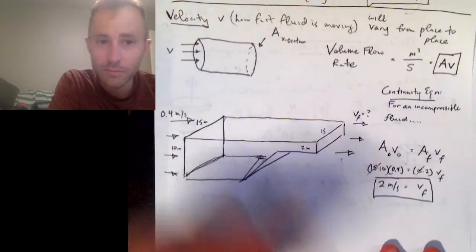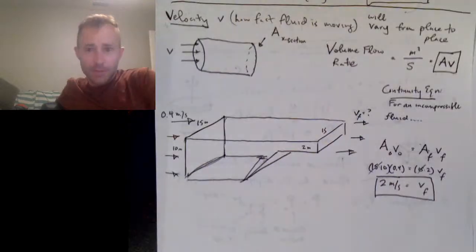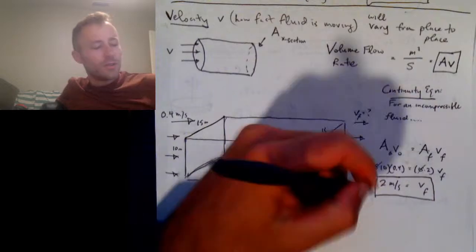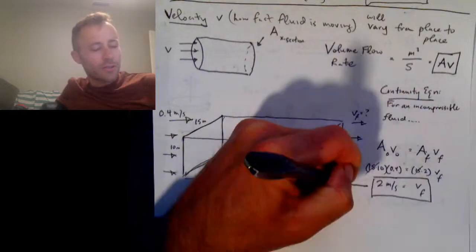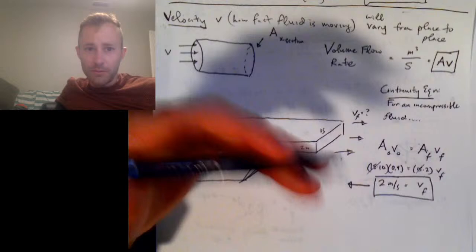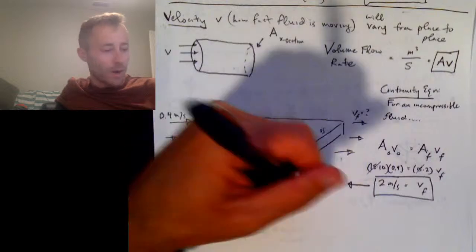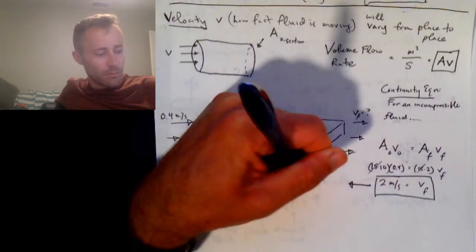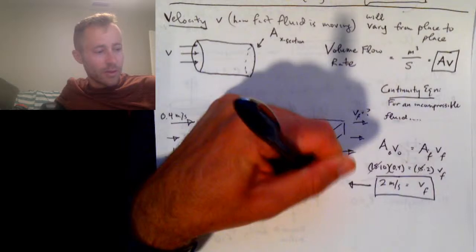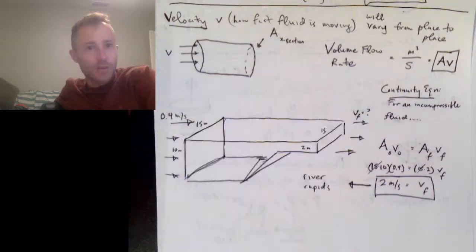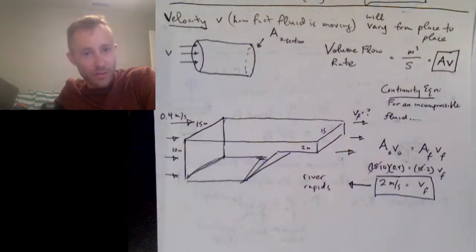So as the river gets shallower, it goes faster. And this is actually what is happening when you have river rapids. The rapids of a river are never the deep part of the river. They're the shallow part of the river, right? You can see the rocks underneath the surface, all that stuff.